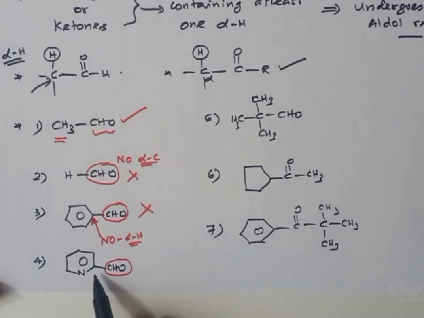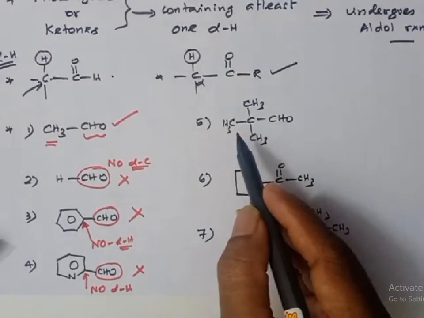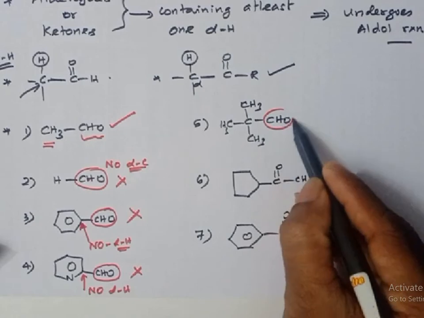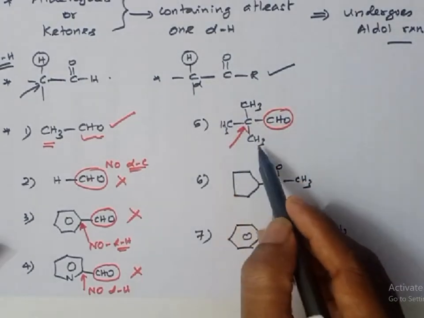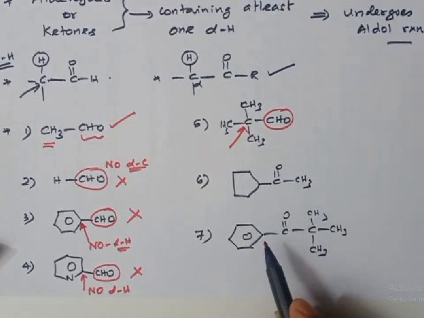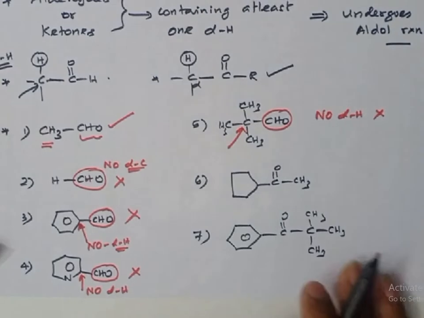This is the aldehyde group, and this is the alpha carbon. Here also, that hydrogen is replaced by the aldehyde group, so there is no alpha hydrogen, and this compound does not undergo Aldol reaction. Then this one, we have an aldehyde group, and the alpha carbon has only 3 methyl groups. There is no alpha hydrogen. Therefore, this compound does not undergo Aldol.